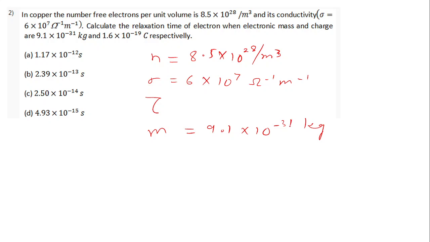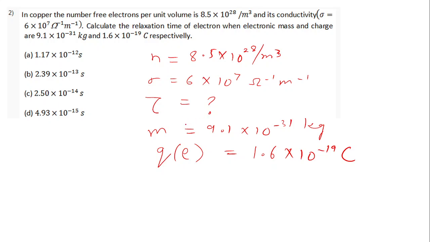This value we can remember also. Sometimes it's given, sometimes it's not, but these are standard values we can remember, like the charge of electron. In the last question it was not given. So the charge of electron is 1.6 times 10 to the power minus 19 coulomb. These are the values given and we have to find the relaxation time.